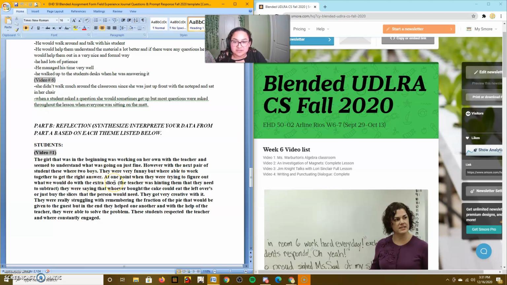They were talking about certain slices of cake, and she was teaching them how to subtract without saying the word subtract, so that the students could figure it out for themselves. The students were getting really creative, because instead of actually doing the math, they were saying, well, I'll just eat the extras. It was very funny, and I liked how creative these kids were.